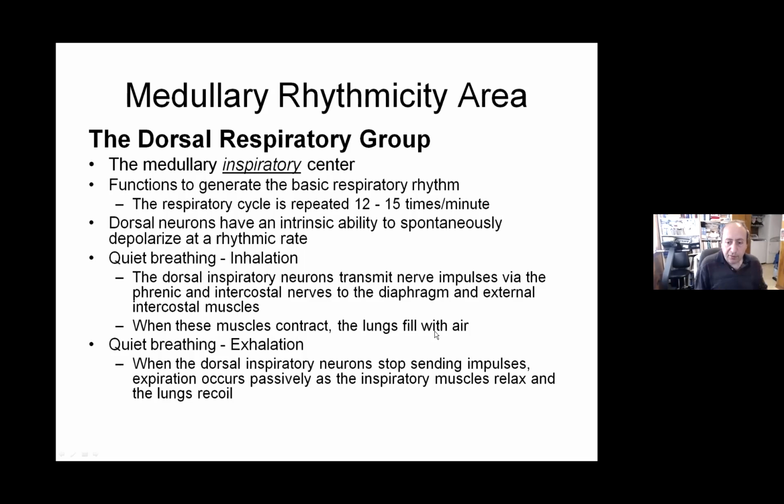Basically, you're pushing your diaphragm down so that your thoracic cage will increase in volume, and so you inhale air. Now, exhalation is mostly passive. You stop inhaling, and so the air will leak out because of lack of negative pressure.